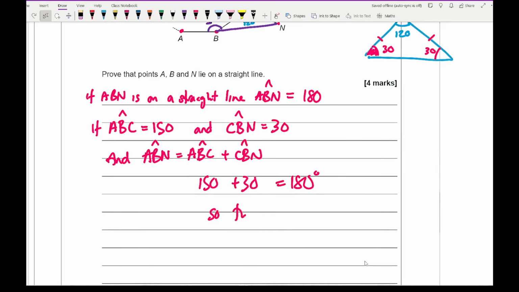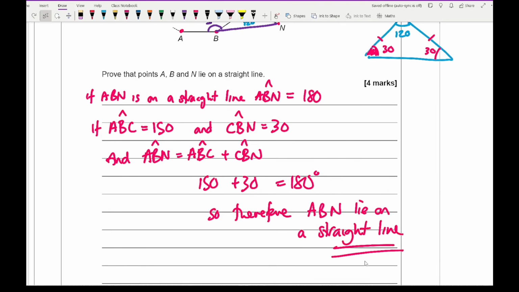So therefore A, B, N lie on a straight line. And there is our final answer.